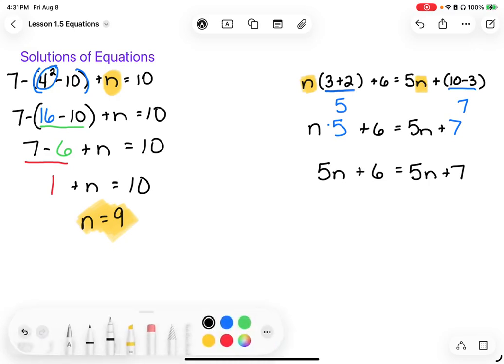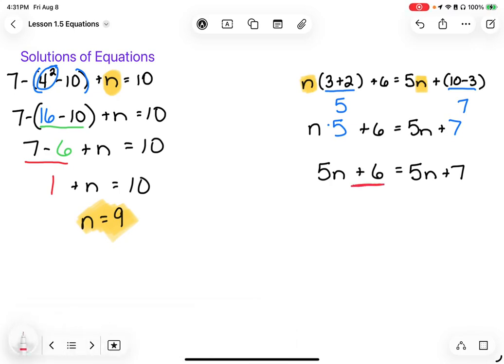And what I notice is that no matter what I plug in, the left side is going to be plus 6 and the right side is going to be plus 7, which means the right side, this side right here, will always be 1 higher. They'll always be 1 higher than the left side because it's plus 7 and the other side is plus 6.